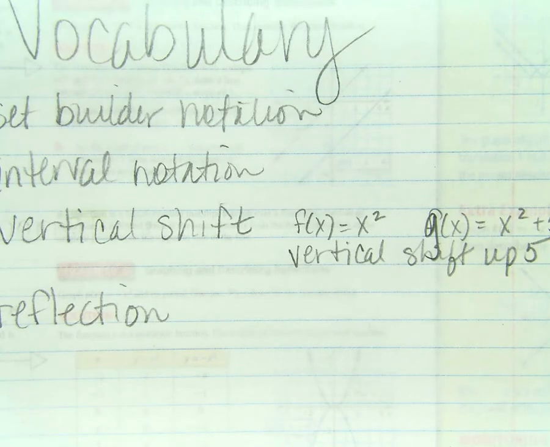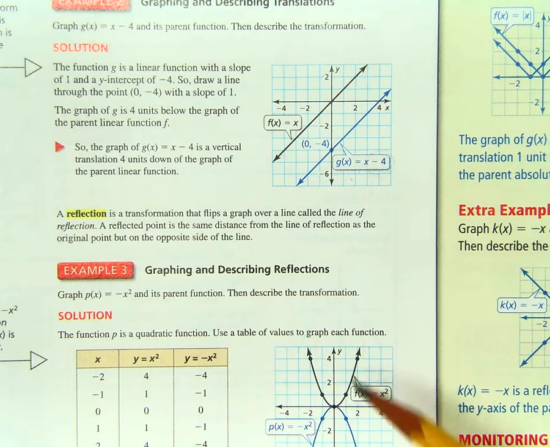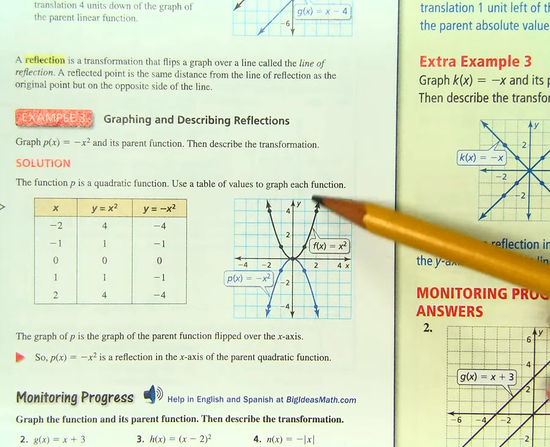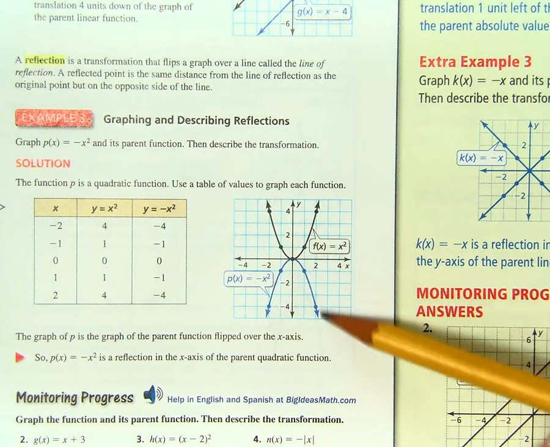Okay? Any questions about that? Got it? Okay. So look right down here then. Here's my parent function, happens to be a quadratic. What's happening with this blue function?